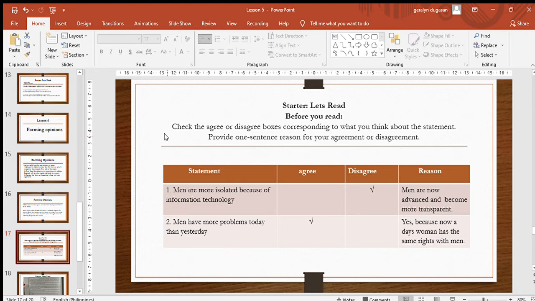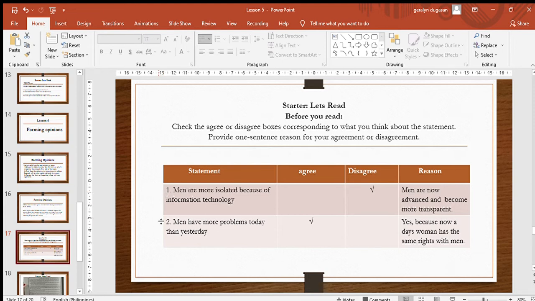Provide at least one sentence reason for your agreement or disagreement. Statement number 1. Men are more isolated because of information technology. And as for me, I disagree. And my reason is men are now advanced and become more transparent.